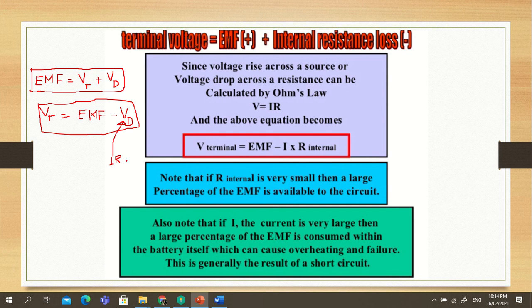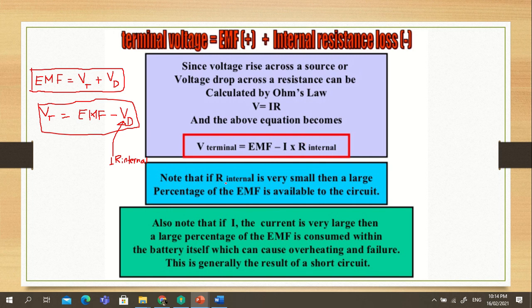Take note this is the internal resistance. So we have terminal voltage equal to EMF minus the product of the current and the internal resistance.